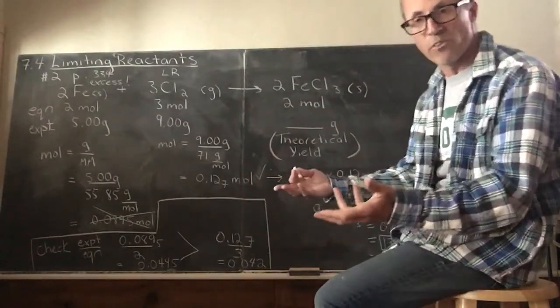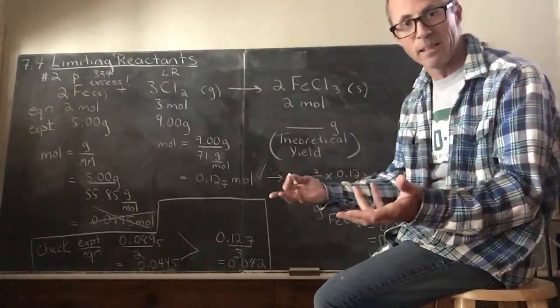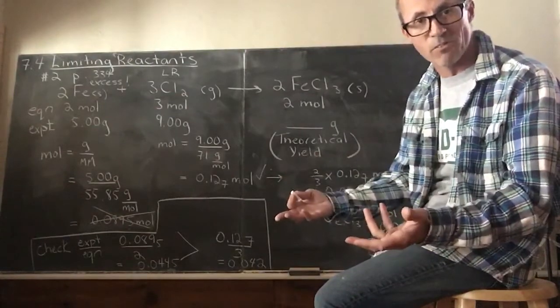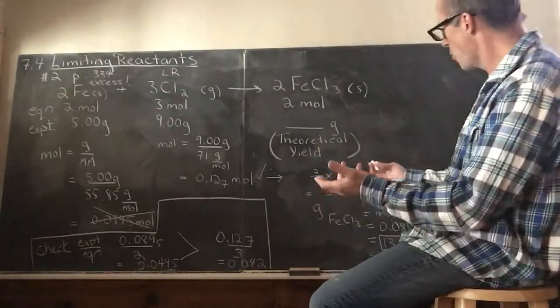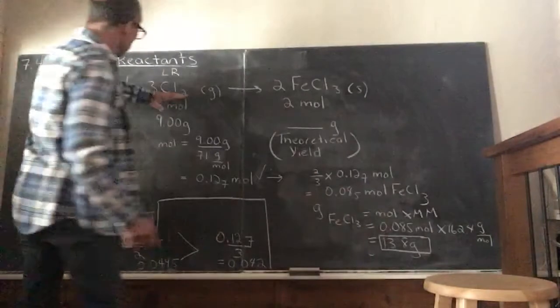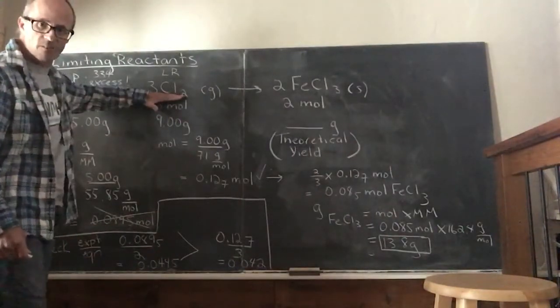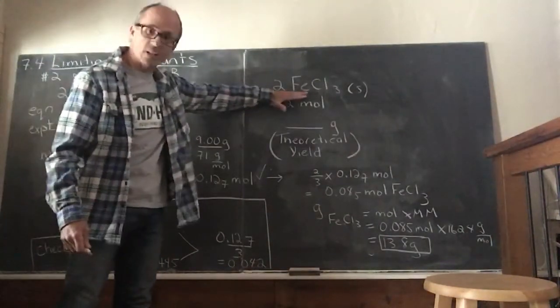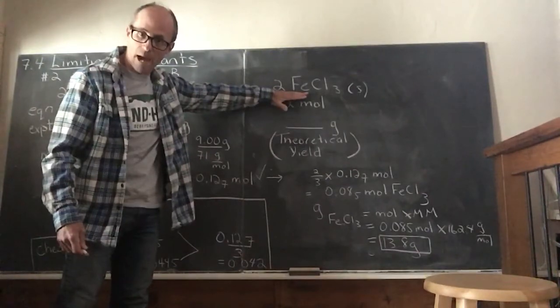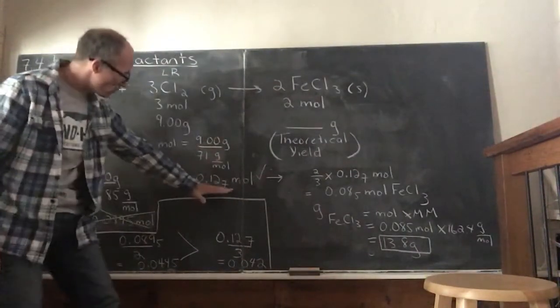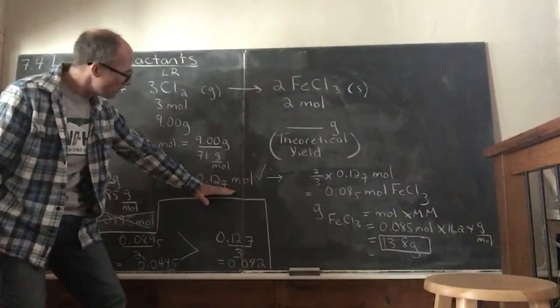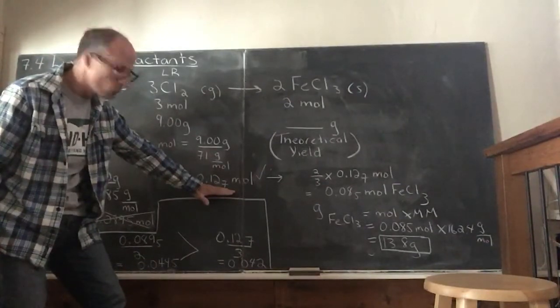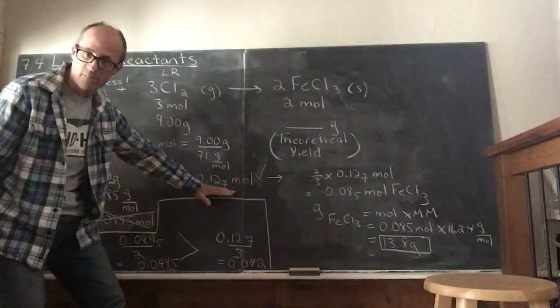And of course the theoretical yield is what we calculate. We don't have to do the experiment to figure this out. So, according to our balanced equation, for every 3 moles of chlorine we have available, we're only going to get 2 moles of iron 3 chloride back. So it stands to reason that the moles of FeCl3 that we should get back will be less than 0.127.